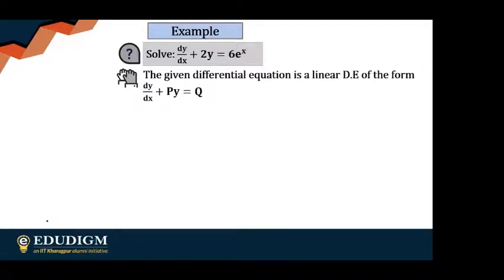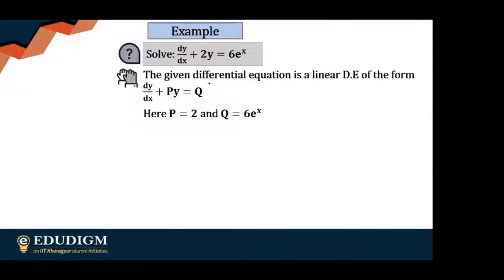First of all, before we apply this rule, what we have learned here, let's see whether we have the particular structure or not. So this is dy dx plus py equals to q. Compare, and this is what you're going to get. So p is actually 2 and q is 6 into e to the power x.